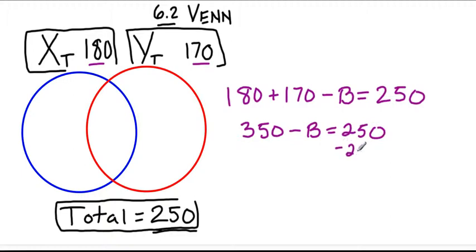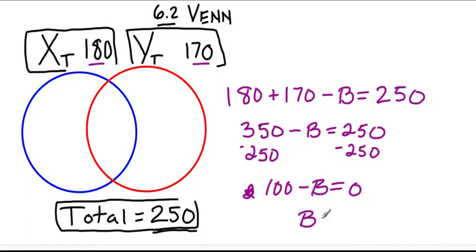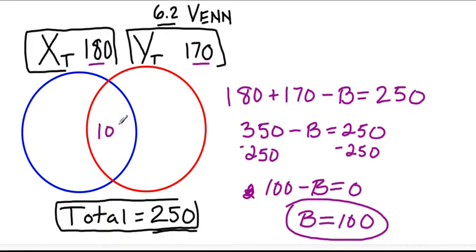Why don't I subtract 250 from both sides? And I get 100 minus b equals 0. That means b must equal 100. A little bit faster than the way I just did it. 180 minus 100 is 80. 170 minus 100 is 70.